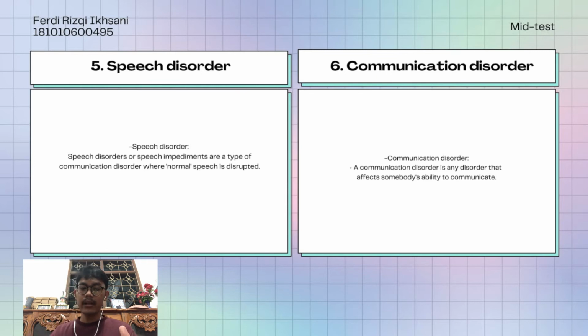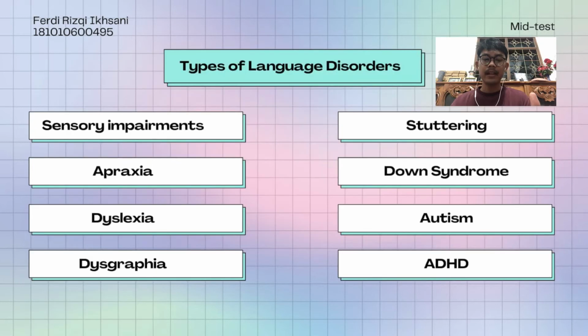So right now I want to show you the types. You can see the table. They include sensory impairment, apraxia, dyslexia, dysgraphia, stuttering, Down syndrome, autism, and ADHD.